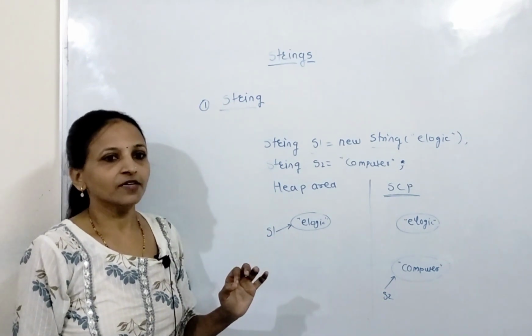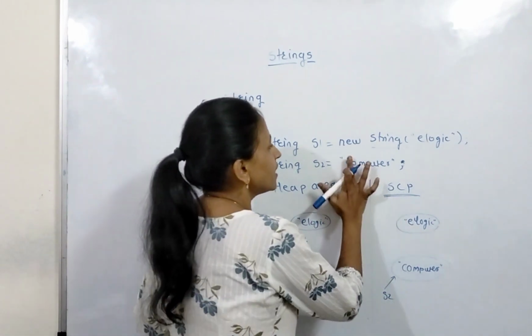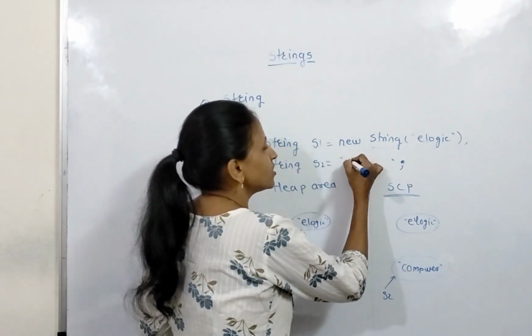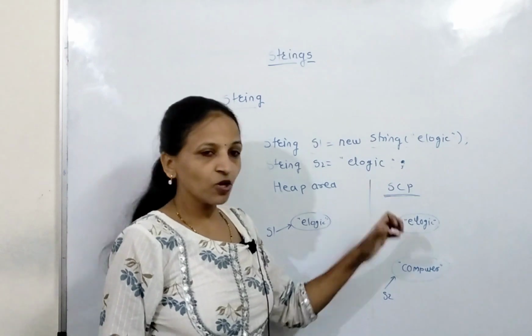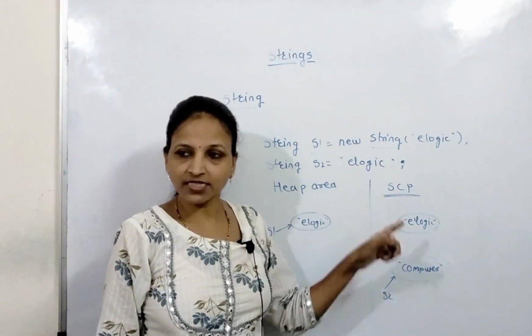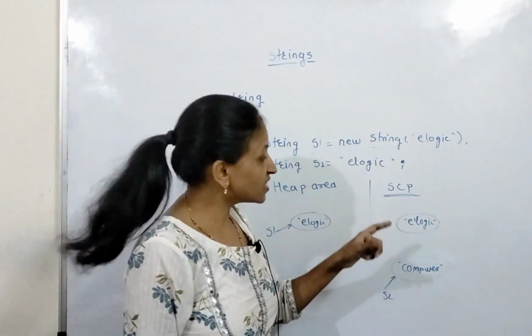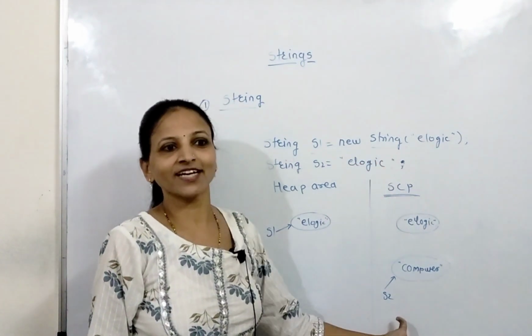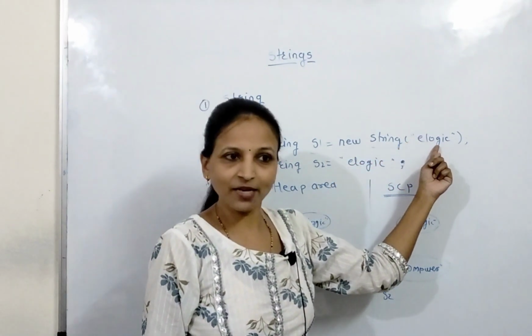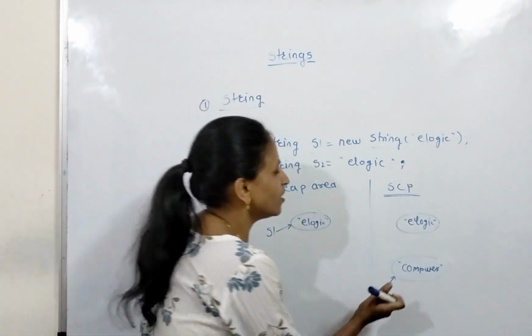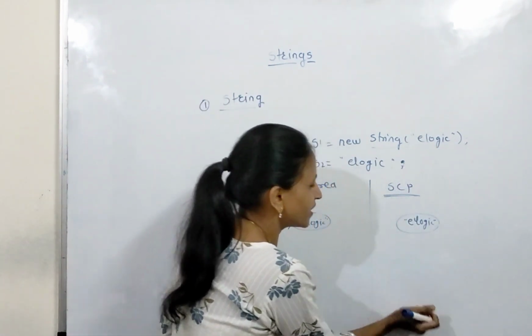Now one more point. Let me again write eLogic here, then what will happen? If an object in the SCP section already has the same content, then no other object will be created.